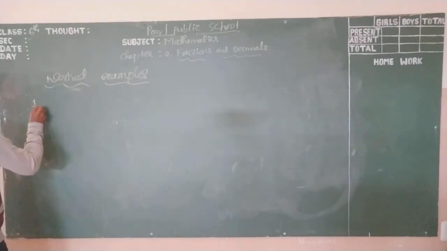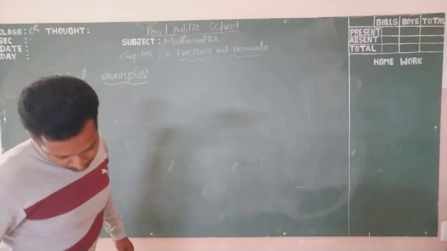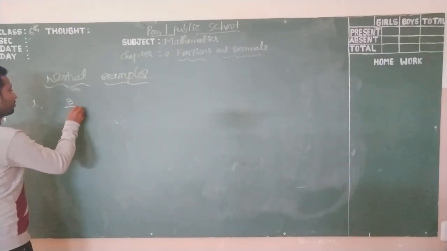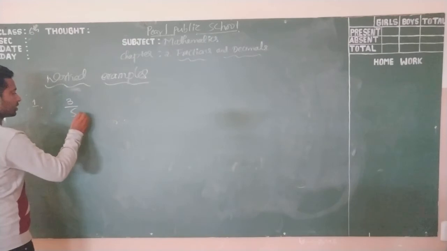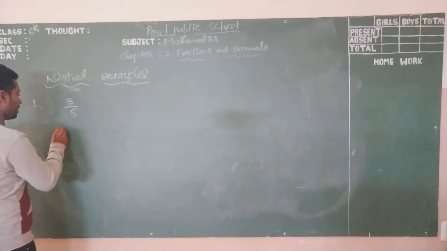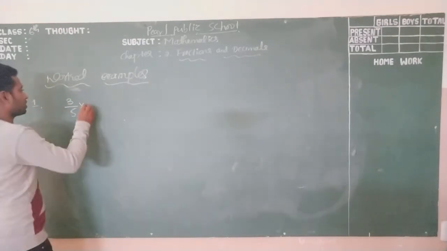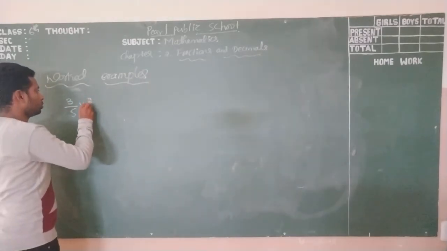The first one is to write the 5 equivalent fractions of 3 by 5. Okay, so here 3 by 5 is given. This is a fraction. You just calculate the 5 equivalent fractions. You just multiply this numerator and denominator by the whole number 2.